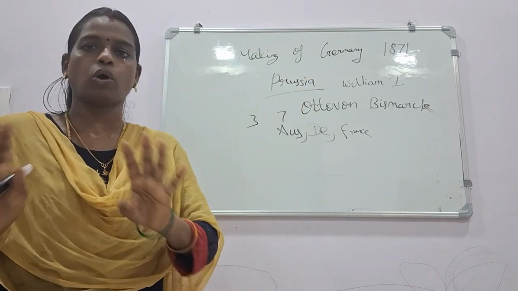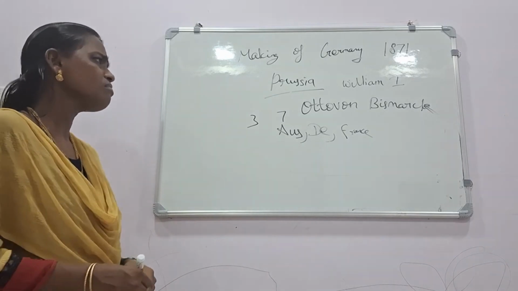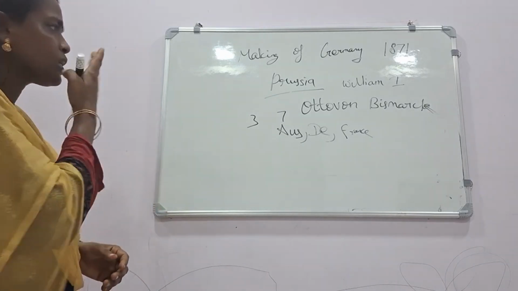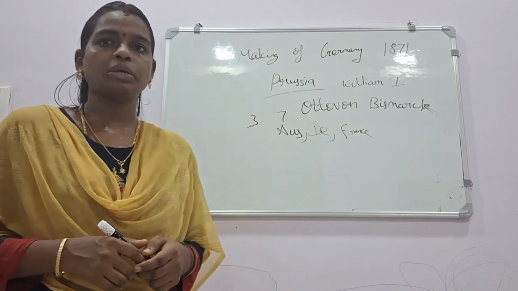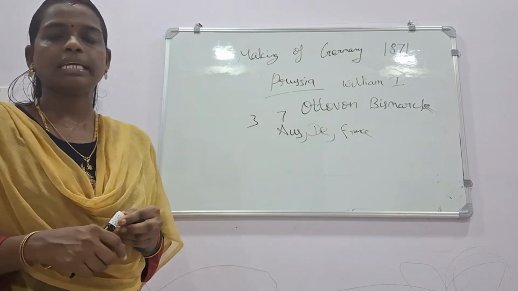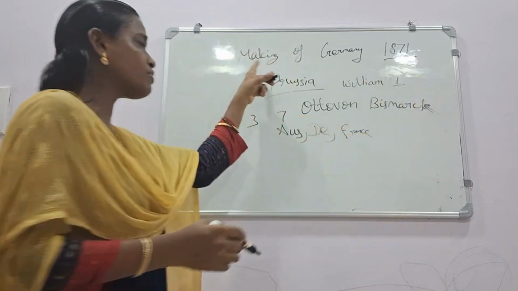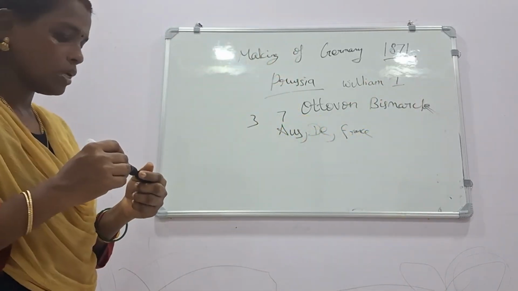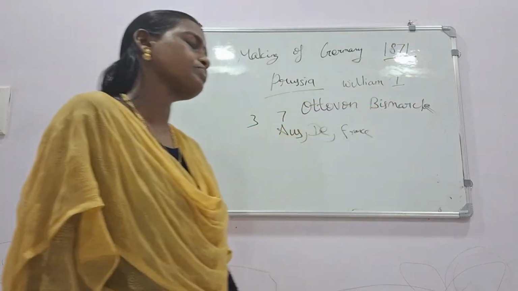All the wars were won by Prussia. And finally, Germany was unified in the year 1871, as I mentioned at the beginning of the topic itself.